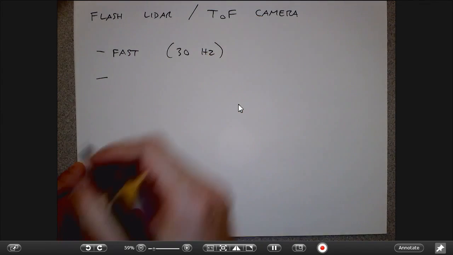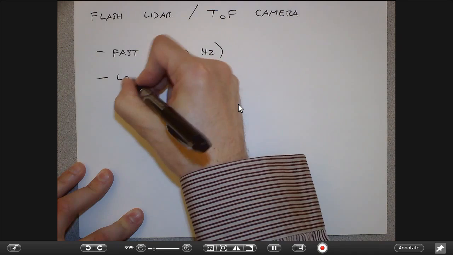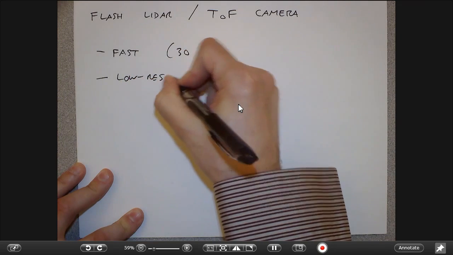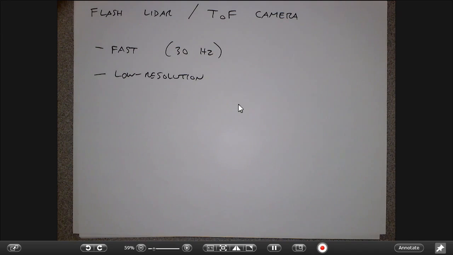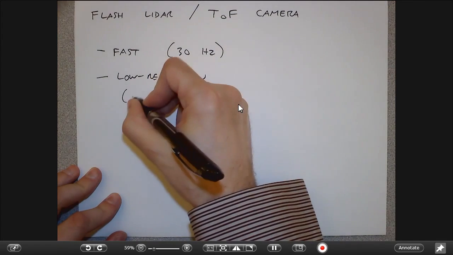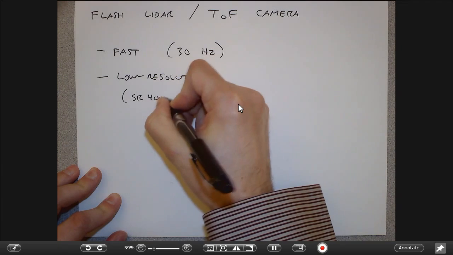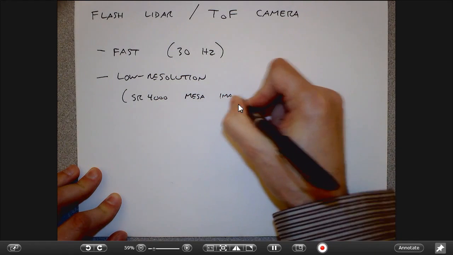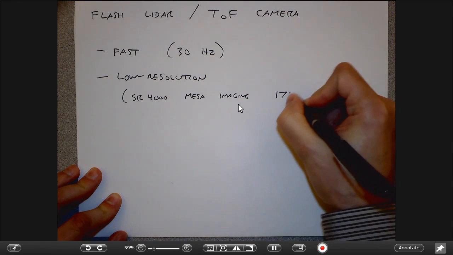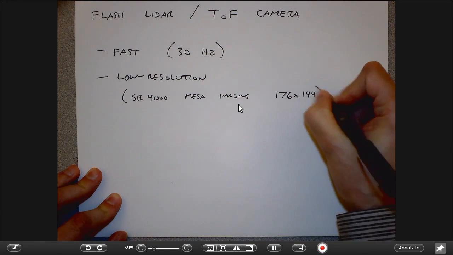They're usually low resolution. I don't know if I have it in the book here. Yes, this was an SR4000 sensor from Mesa Imaging, and that was a 176 by 144 image.